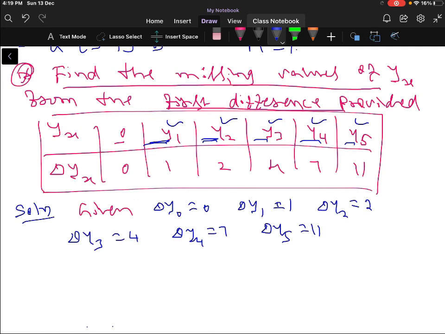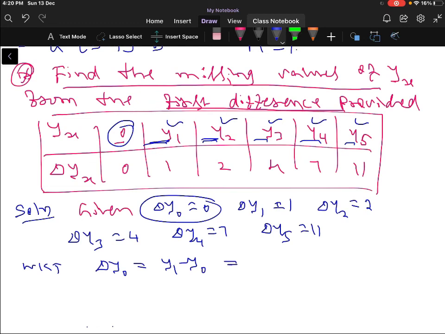So by using the definition of the first forward differences, we know that delta y0 is equal to y1 minus y0, but delta y0 is 0 where y0 is 0. So this implies 0 is equal to y1 minus 0. So this implies y1 is equal to 0.